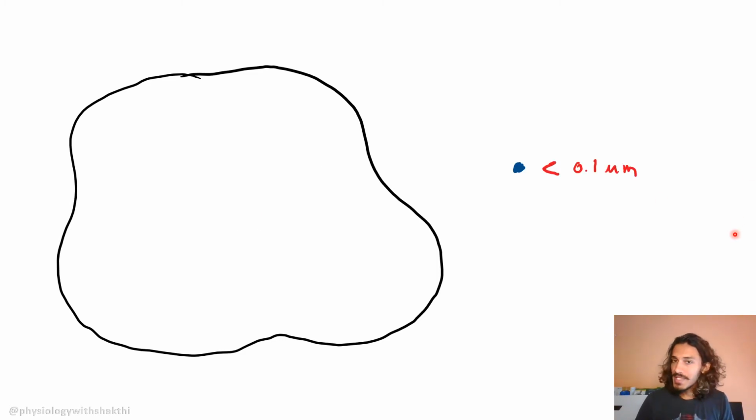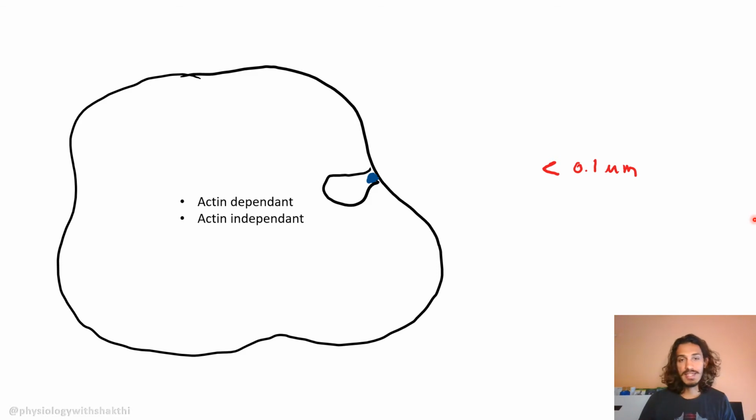In micropinocytosis, the substance is less than 0.1 micrometer. It comes close to the surface, invagination takes place, and it is taken inside. This can be either actin dependent or actin independent. Remember, in macropinocytosis it was actin dependent; here it can be actin dependent or independent as well.